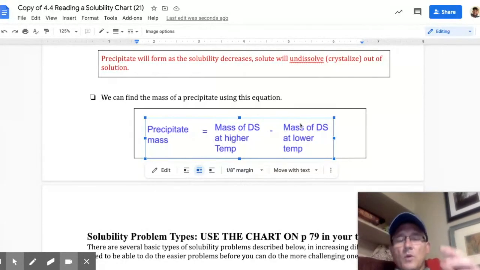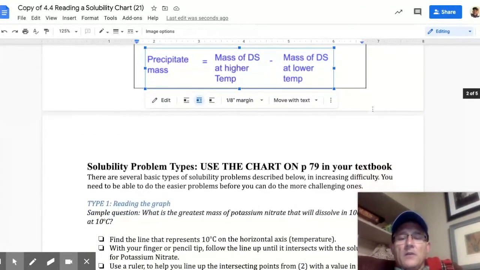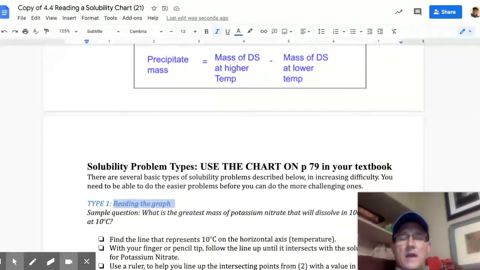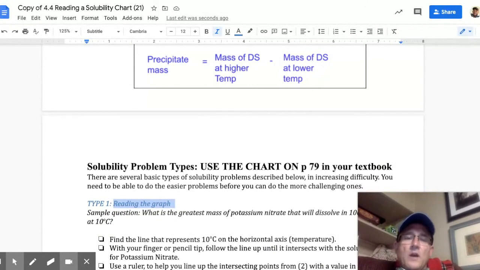So we're going to be working on some of these problems in class, and we'll go over more carefully how to do that. The very first thing that we need to do, though, is simply read the graph. Okay, and so you're going to watch this next video, which will show you basically how to read the graph.